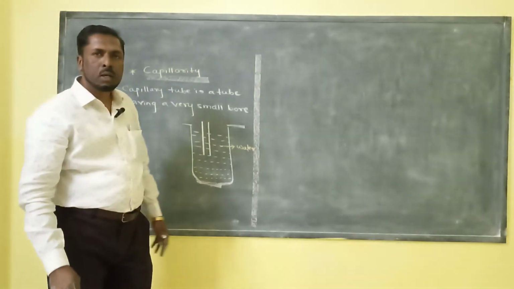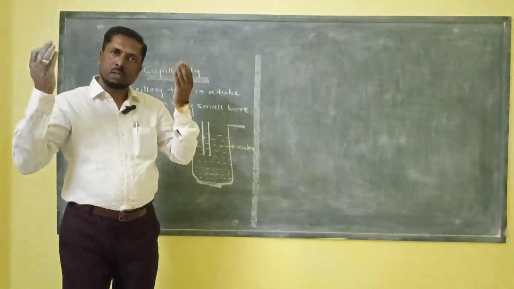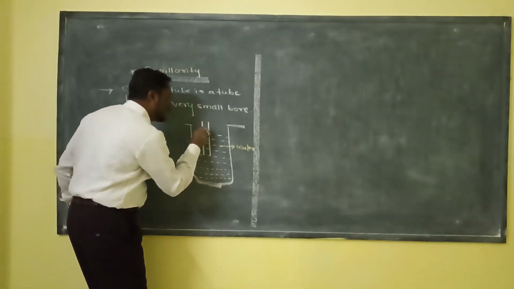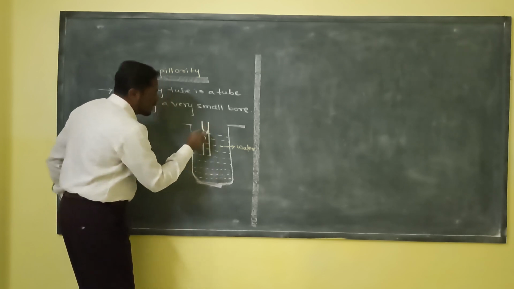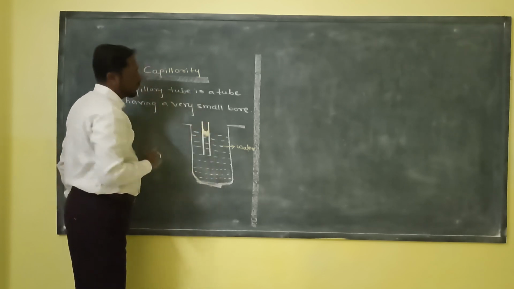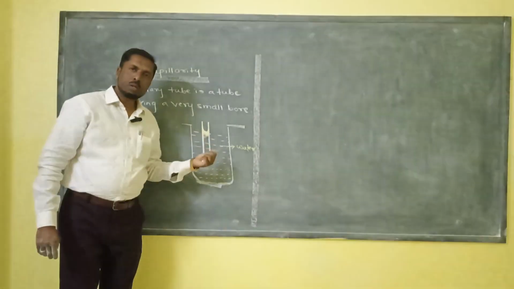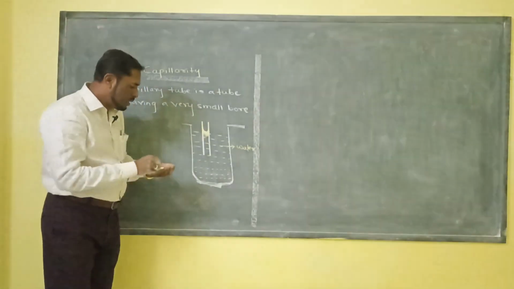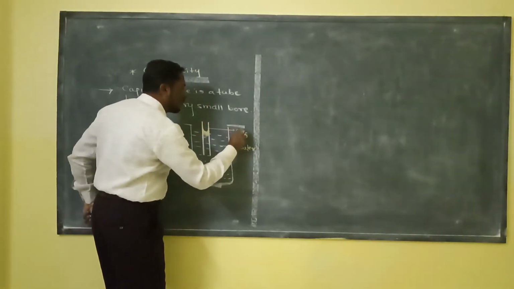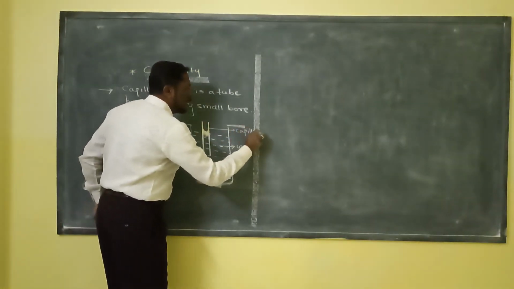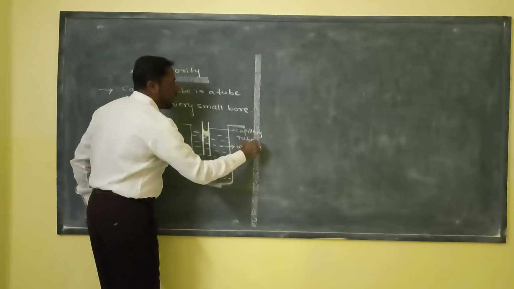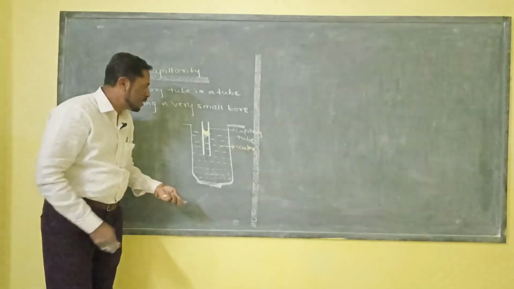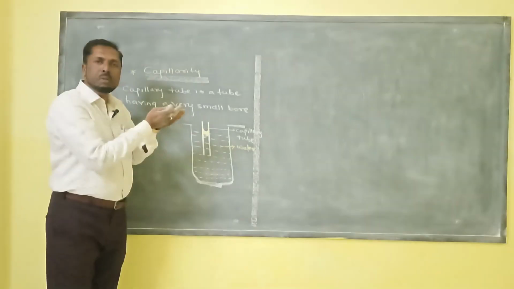What happens? Obviously, the water rises in the capillary tube. Here, see the position of the water, it seems to be U-shaped. This is nothing but the capillary tube. Whenever we dip the capillary tube in a beaker containing water, water rises in the capillary tube.